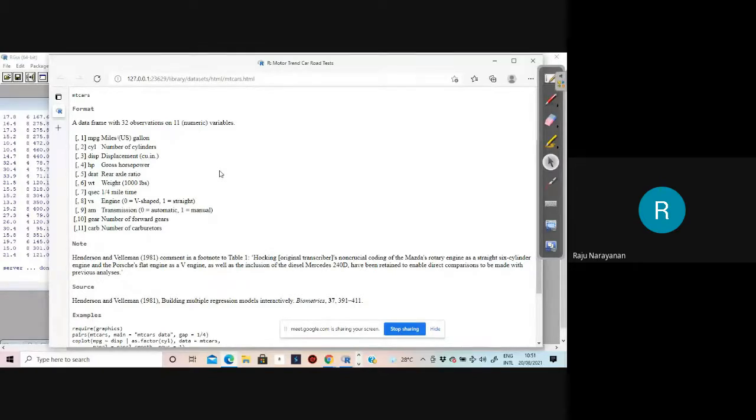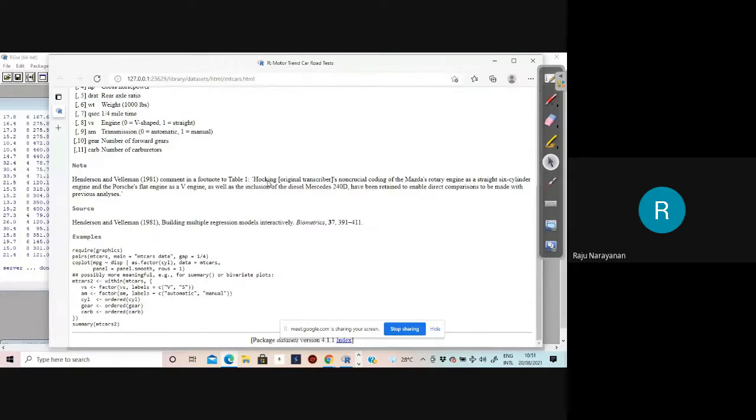VS, engine type. 0 means V-shaped engine, 1 means straight, a binary variable. I will use this one for logistic regression also. Transmission, 0 automatic, 1 manual. Gear, number of forward gears, carb, number of carburetors. I don't know all these because I don't have a car.